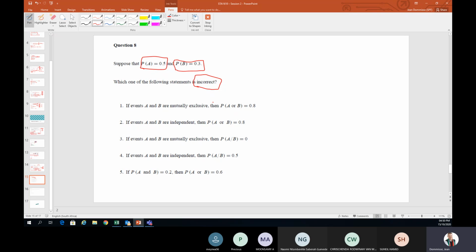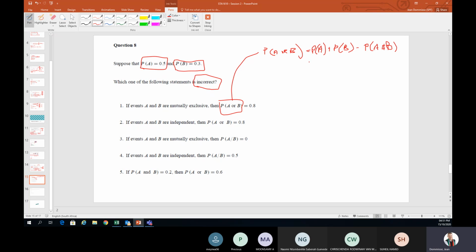So basically, to get probability of A or B, probability of A or B is equal to probability of A plus probability of B minus probability of A and B. I'm just going to write it as that.